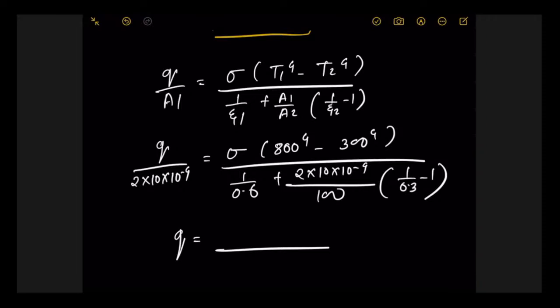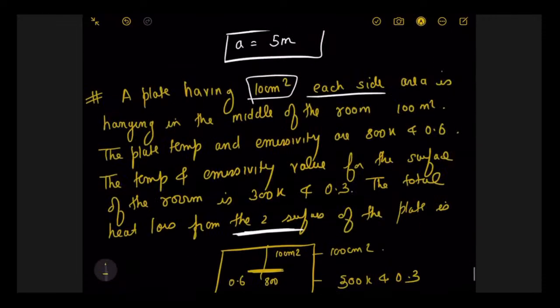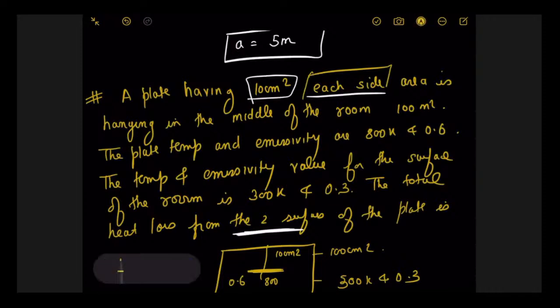So here the answer is coming 27.31 watt. The most important thing here is this value; there should be no mistake here, because in the question they have given the area of one side.